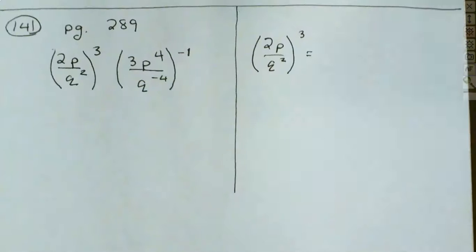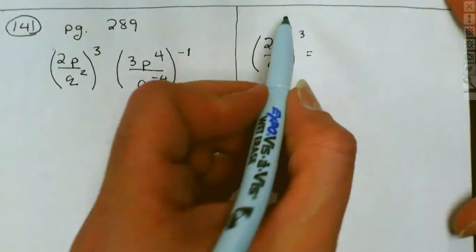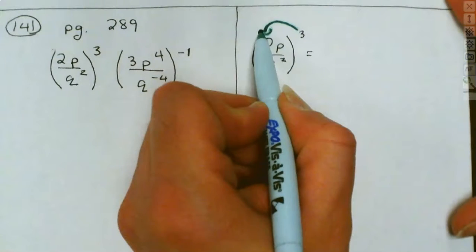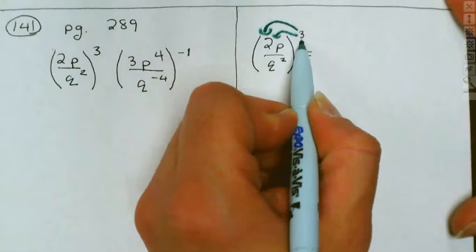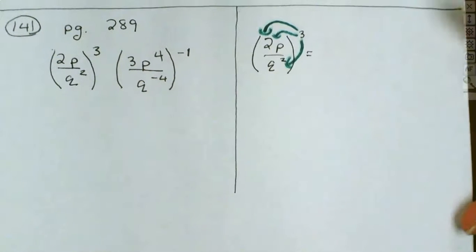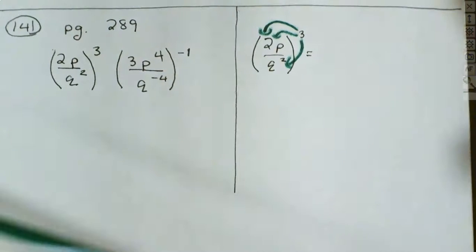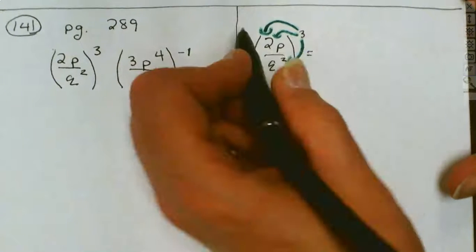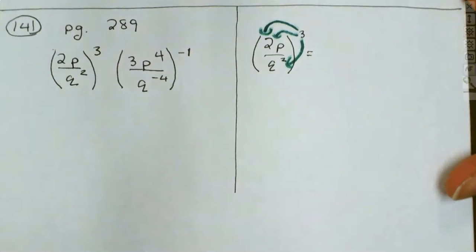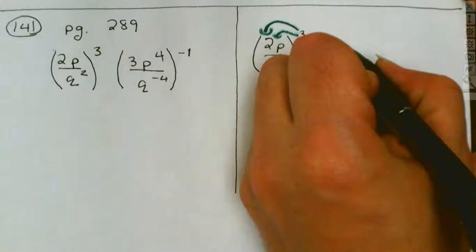Let's break this one up first. Distribute that 3 through, because the p and the q can't go together because they're unlike. They're not like terms, they're unlike. So let's go ahead and distribute this through.